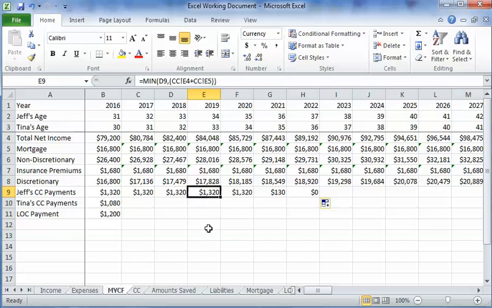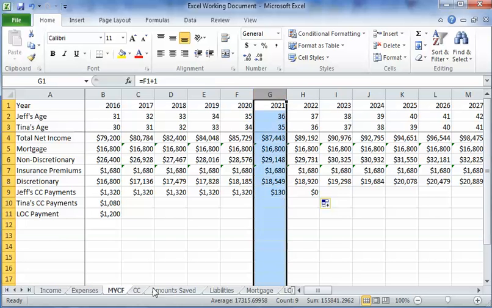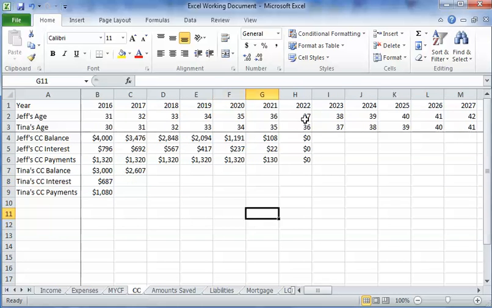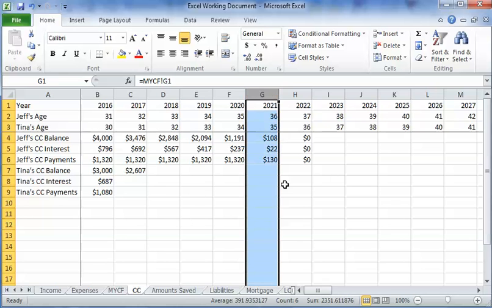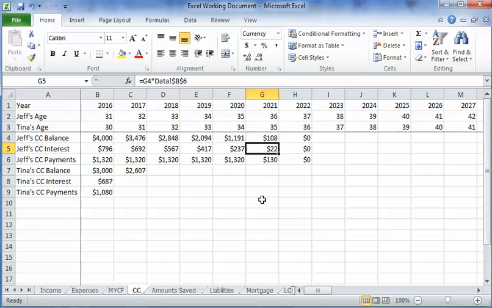So now, as we get that credit card paid down, we see here Jeff is only going to pay $130 towards that credit card in 2021, our column G, and we can see what that looks like over here. This makes a lot of sense because he only has a $108 balance at that time, $22 in interest, and then the credit card is all paid off out here in 2022.